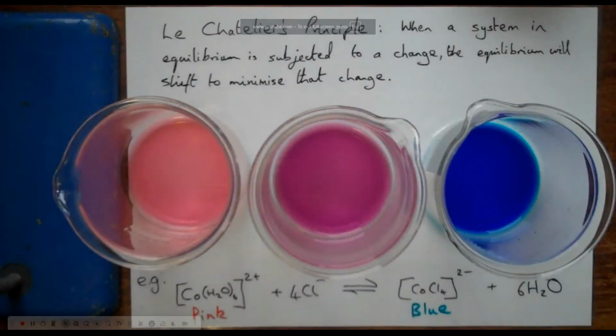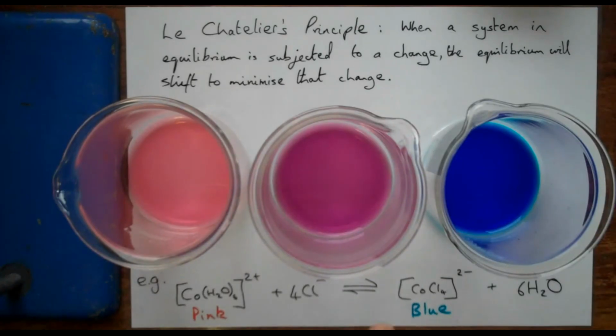Meanwhile, on the right hand side, we have a beaker full of cobalt chloride complex. It's a nice rich blue colour. In the middle, a purple colour, we've got an equilibrium of the 2 different chemicals mixed together. So we've got some pink and some blue, and just like when you used to mix paints when you were younger, we've got a nice purple colour.